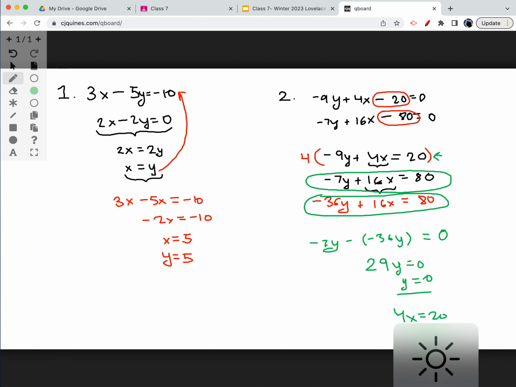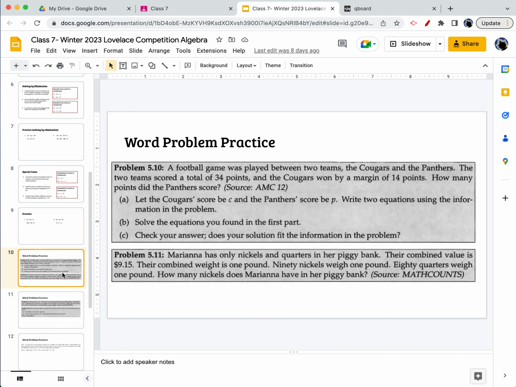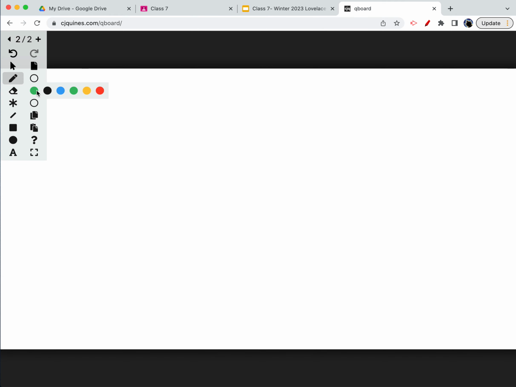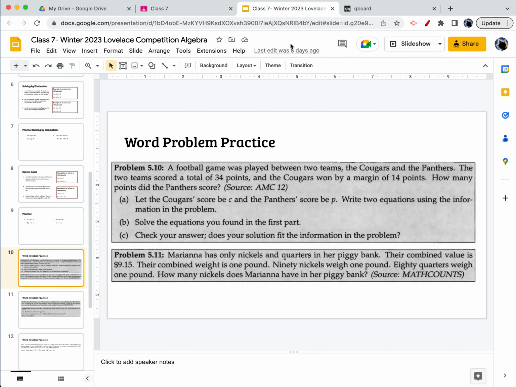Okay, so let's move on then to the word problems. I believe last time we did 5.10. So now let's continue with 5.11. I'll try to get you guys started with a few hints, and then hopefully you can complete the problem.